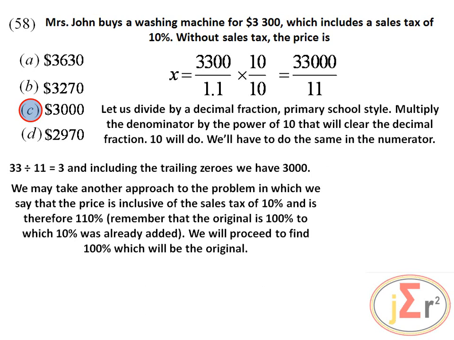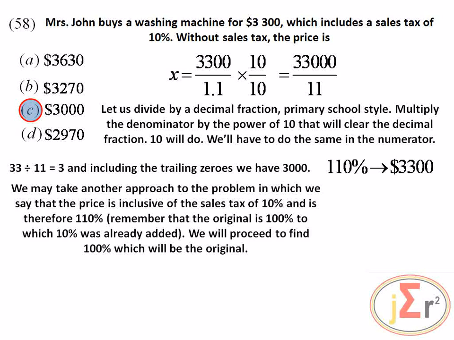We will proceed to find 100%, which will be the original. So we have 110%, and that is equivalent to $3,300. And we need to find what the original, which is 100%, is.